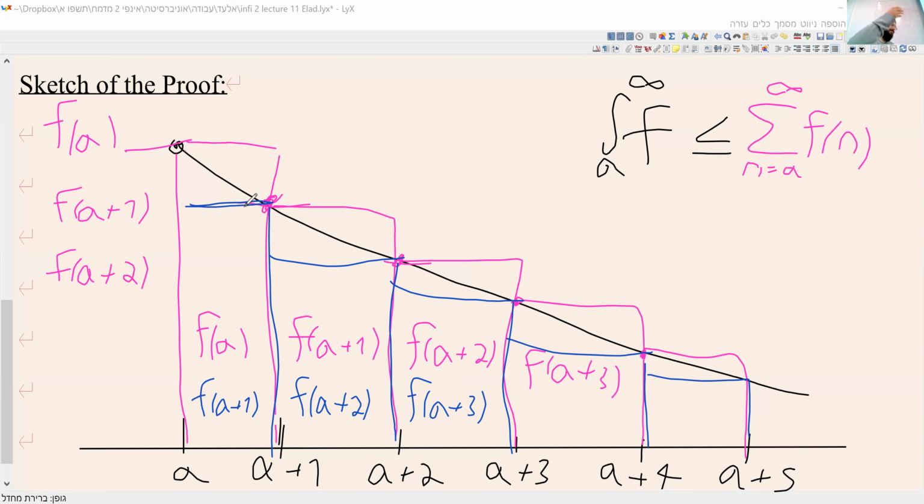Now these rectangles, each and every one of them, are beneath the graph of the function. So the area they are bounding is smaller than the area bounded by the graph of f. But what's the difference between the series of the pink rectangles and the series of the areas of the blue rectangles?